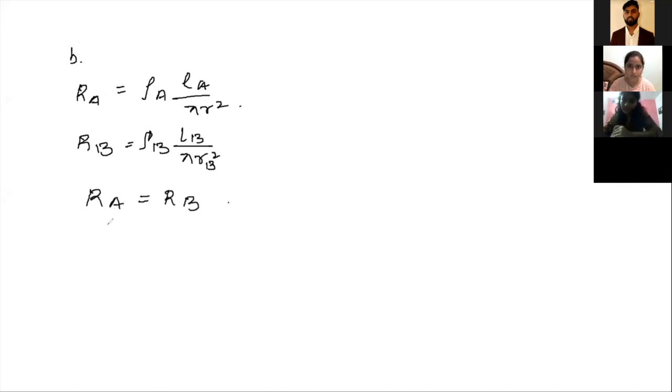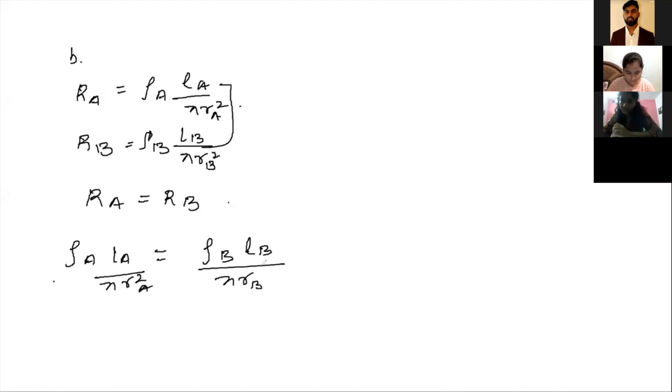So how will that be equal? These two right hand sides also should be equal. So this is rho_A L_A divided by pi R square, and that is also for B, for the wire, this is rho_B L_B divided by pi R_B square.